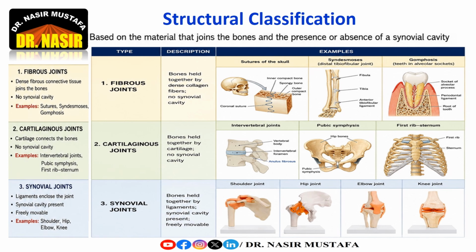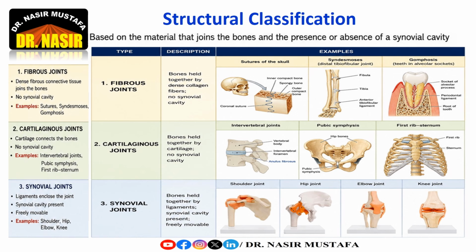Joints can also be classified based on their structure, which depends on the type of connective tissue that joins the bones. Fibrous joints are connected by dense collagen fibers and do not have a synovial cavity. Examples include the sutures of the skull, syndesmoses like the distal tibiofibular joint, and gomphoses, which are the teeth in their sockets.